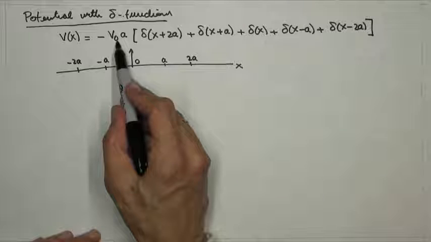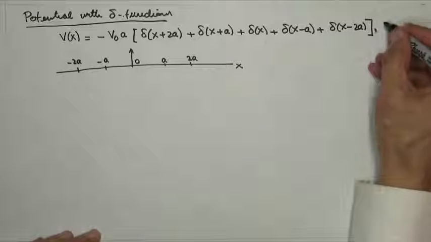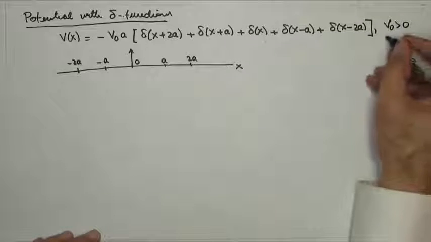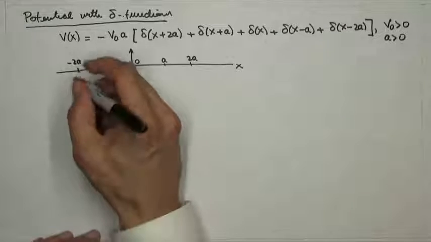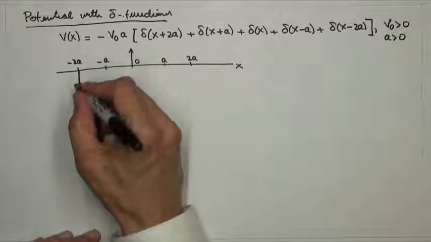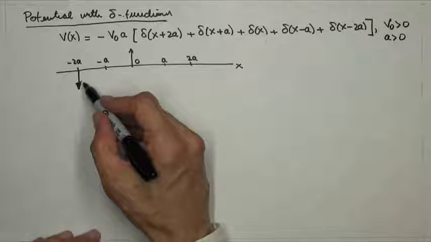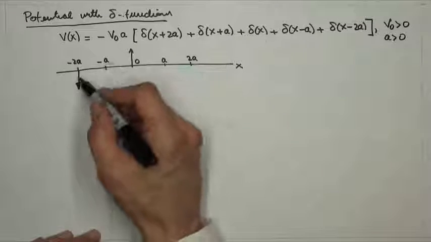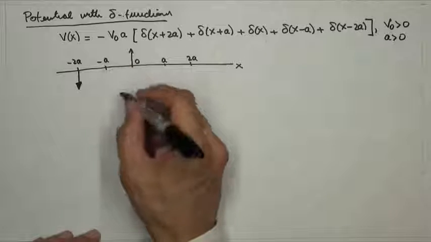And with V naught positive and a positive, this delta function is here. We'll draw it like a little arrow pointing down. This delta function, of course, is infinitely deep and infinitely narrow, but we'll just draw it like that.